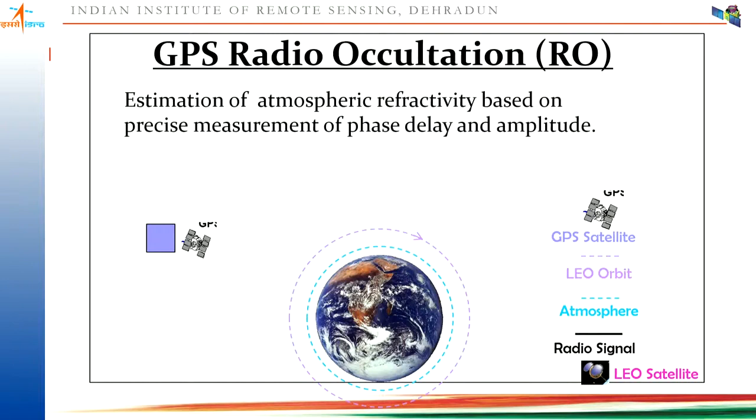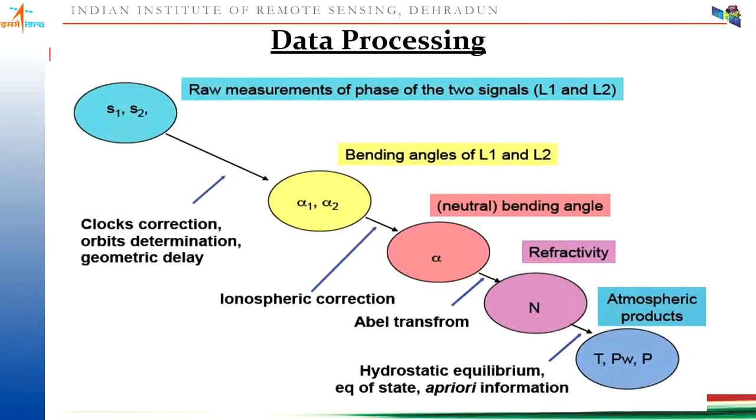Atmospheric refractivity can be derived from precise measurements of the phase delay and amplitude. So in data processing, we take the raw measurements of the phase of the two signals, L1 and L2. We do the clock corrections, orbit determination and geometric delay, and we derive the bending angles using this.